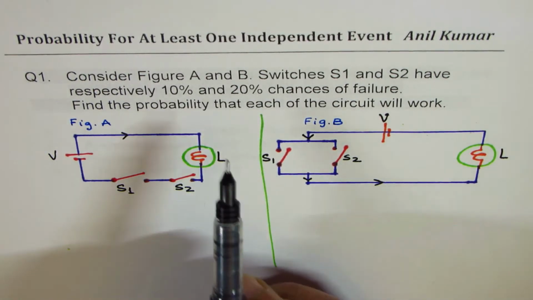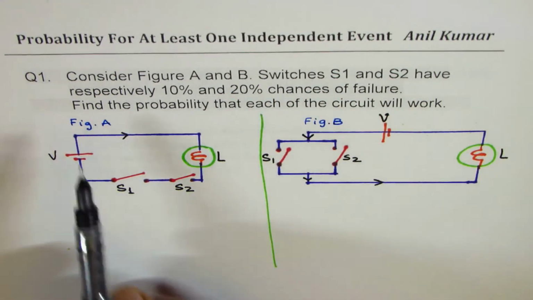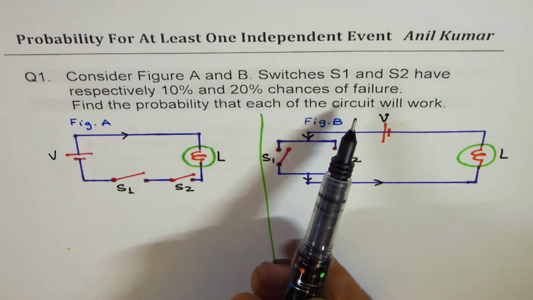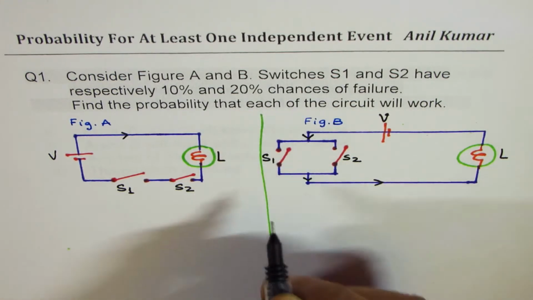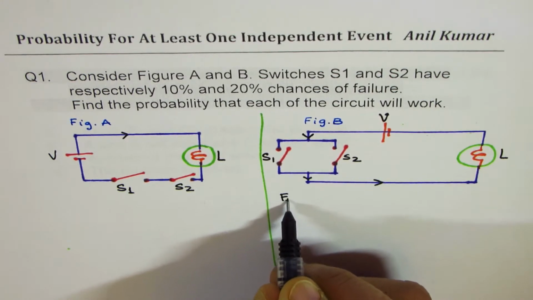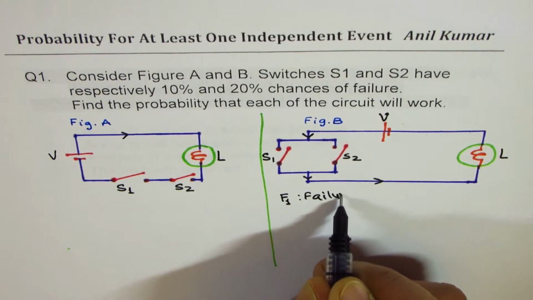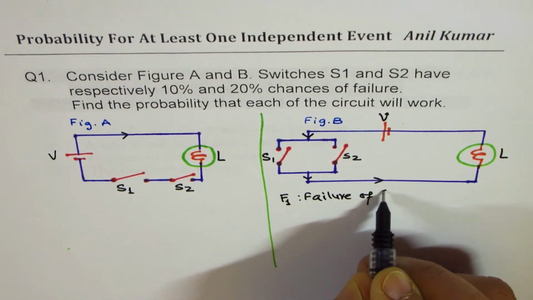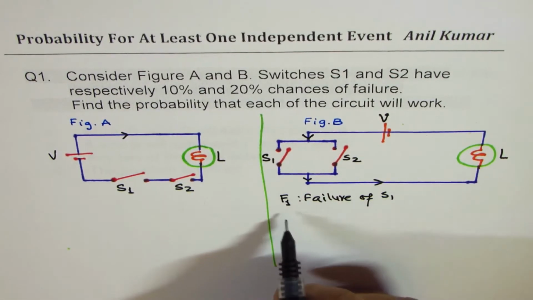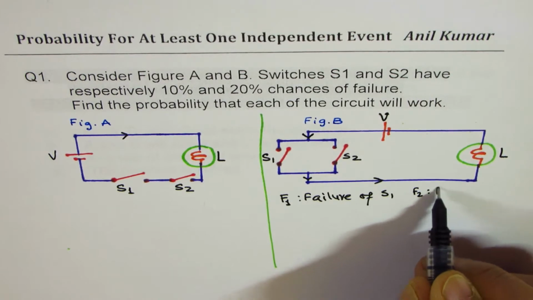What we are given here is that the switches S1 and S2 have respectively 10% and 20% chances of failure. So chances of failure are given. So let us say our events are F1, failure of S1, and the chance is 10% for this. And F2 is failure of S2.